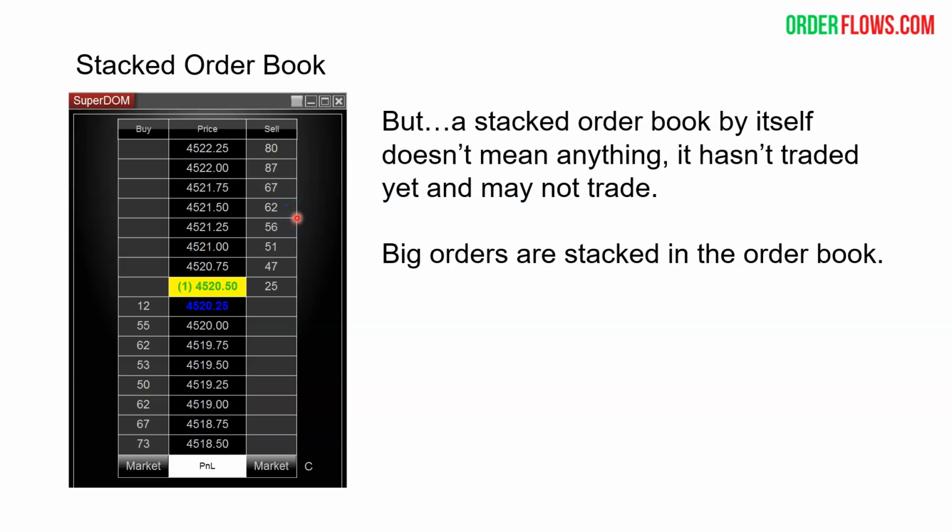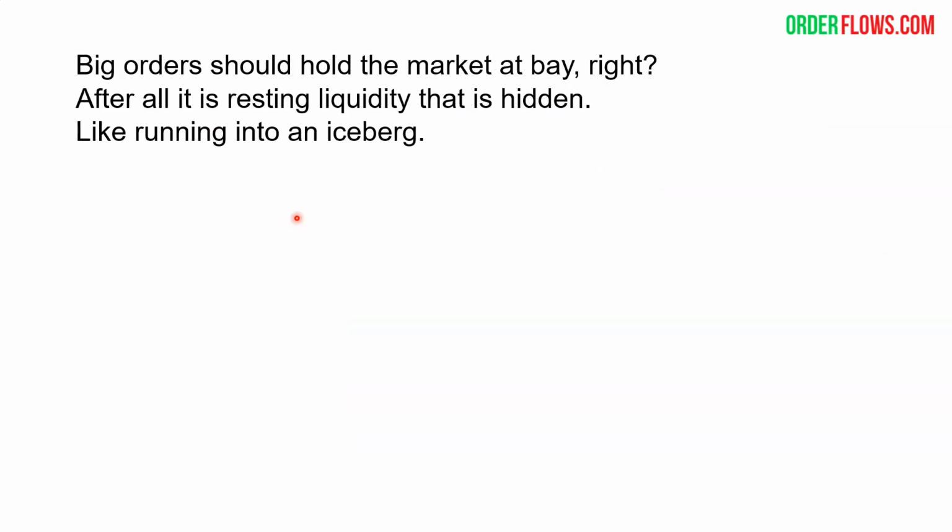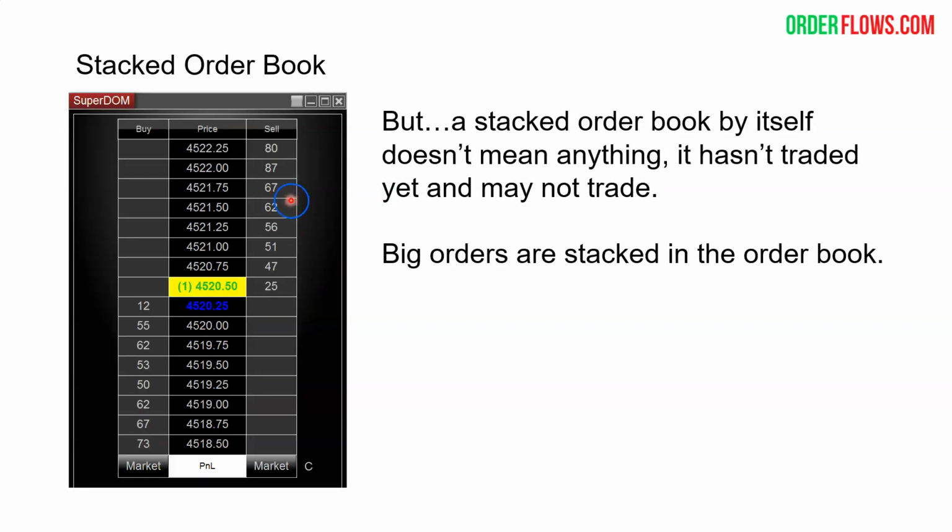Now, when you see a stacked order book, that's just a clue. But the problem is, looking on the DOM, it moves too fast for you. And by definition, if you know there's a big order in here, that should hold the market down. It should put a cap on the market.